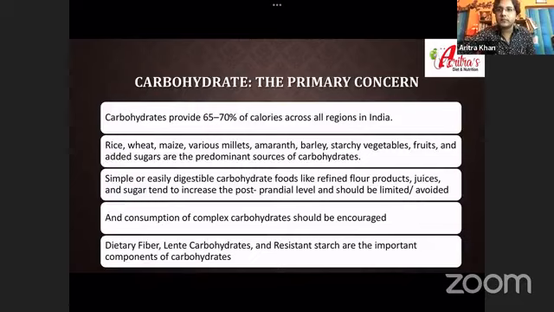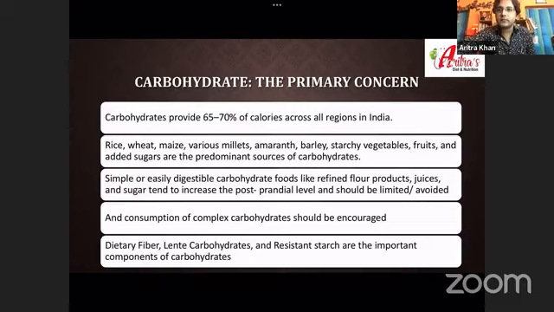Patients tend not to have carbohydrate when they suffer from diabetes. This is absolutely wrong. If carbohydrates are not there, the stored fats will break down, and ketone bodies will form.